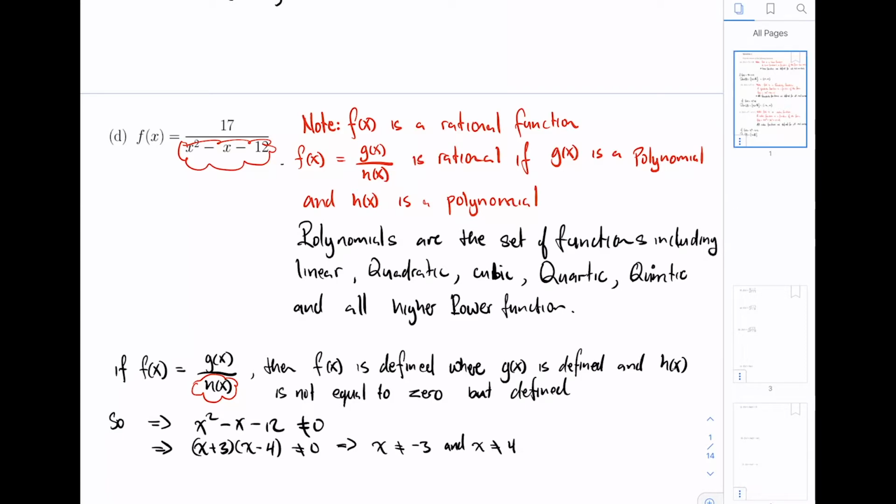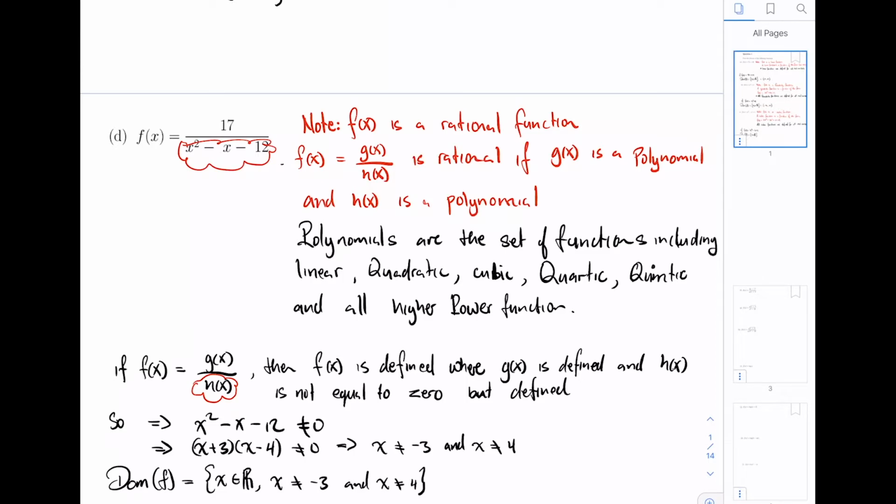Okay? So therefore, our domain in this question is equal to the set of real numbers, right? Where x is not equal to -3 and x is not equal to 4. There we have our answer.